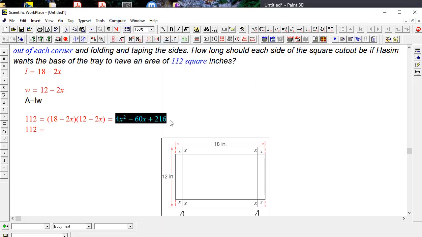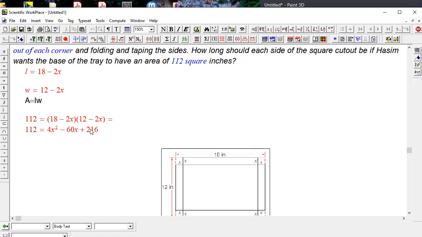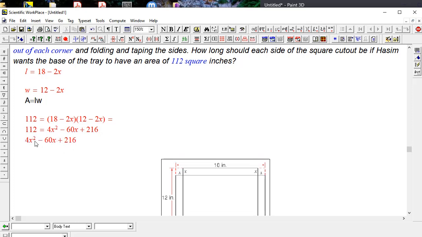So the answer here is 4x squared minus 60x plus 216. Now I need to move this 112 to the other side. So this equation becomes 4x squared minus 60x plus 216 minus 112, which is 104, equal to 0.